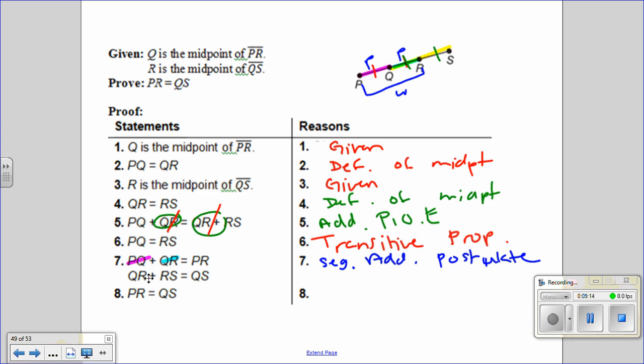And it's another segment addition postulate when they talk about QR and RS together making QS. And the last thing that happens is simply the substitution property. I'm sorry, not substitution, the subtraction property, because they are subtracting QR.